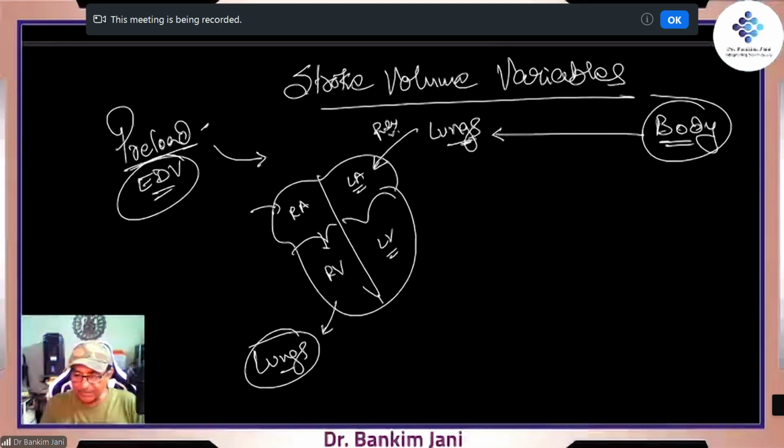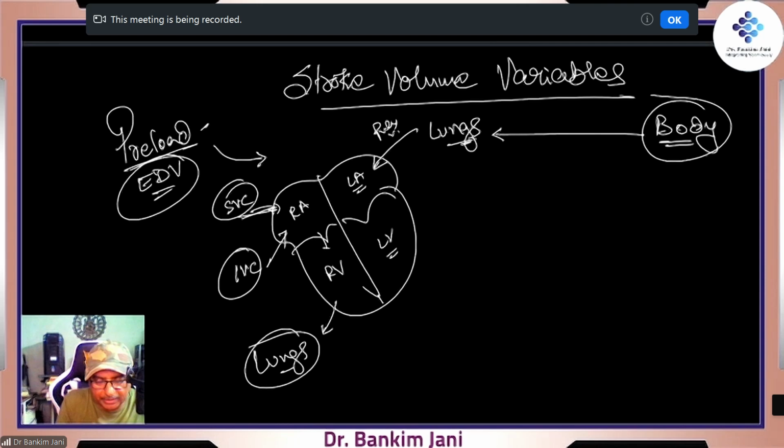If the body is sending good blood via the superior vena cava and inferior vena cava, then the right atrium would say, I don't have a problem, push the blood to the right ventricle, from the right ventricle to the lungs, and from the lungs that blood comes to the left atrium, then from the left atrium to the left ventricle, and our left ventricle is loaded. So that means our preload is high, correct?